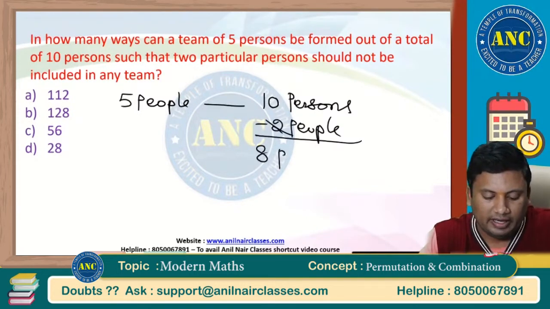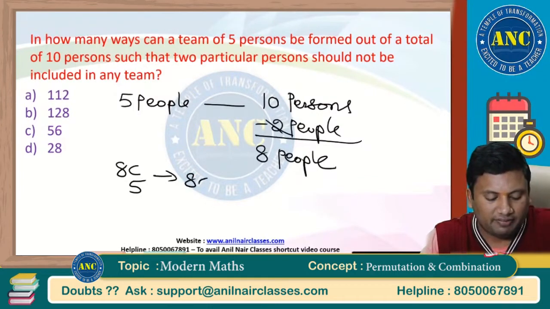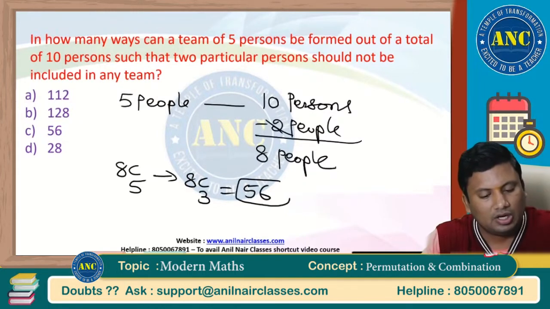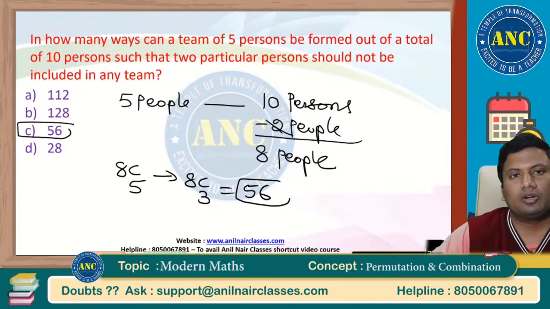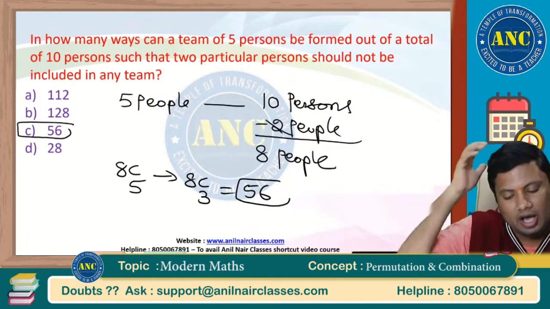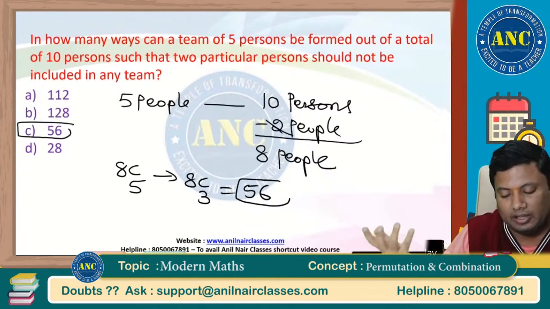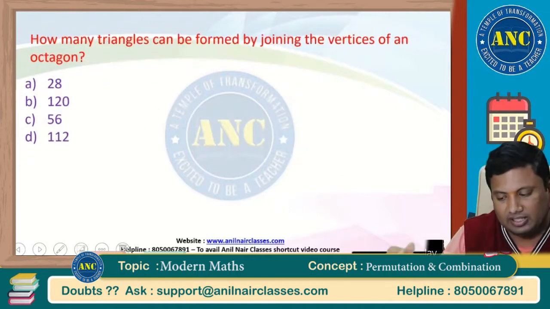So from 8, select 5, 8C5. Automatically here also you can reject 2. 8C5 is nothing but 8C3. Again, the answer is 56. In the 10 persons, if 2 persons are not included, obviously in that 5 people, those 2 will not come. So automatically it will be 8C5, which is 8C3.